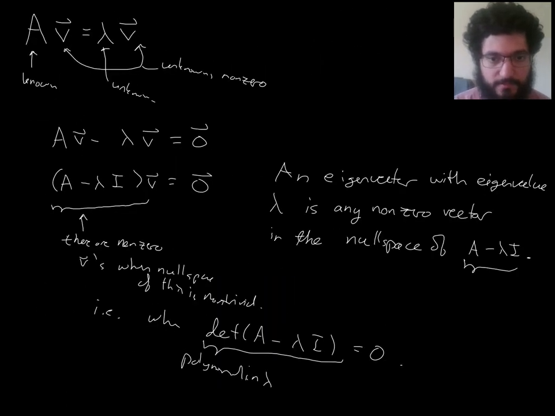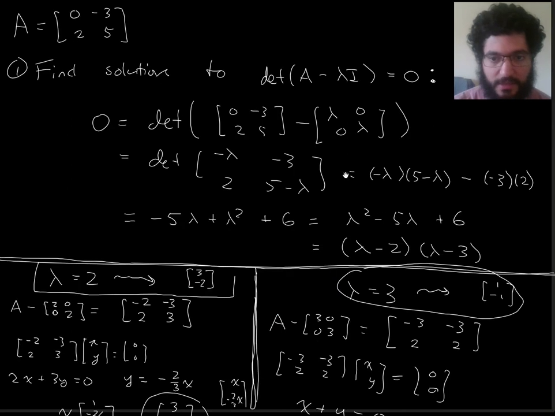Now, here's where I was describing the technique. From Av equals lambda v, we see that in order for there to be non-zero v's that make this true, A minus lambda I has to be a singular matrix, a matrix with non-trivial null space, also known as a matrix with determinant 0. And when you write this equation down, you get a polynomial in lambda, just like we did in this example.